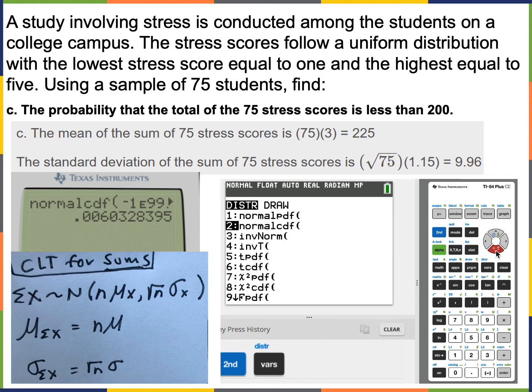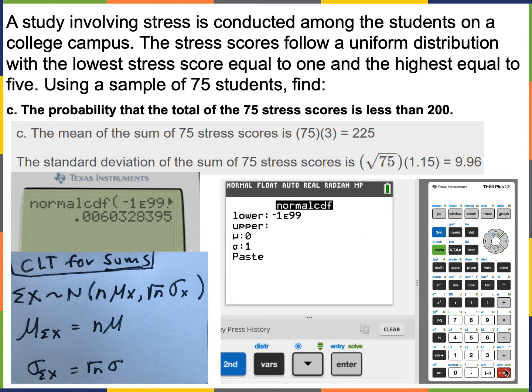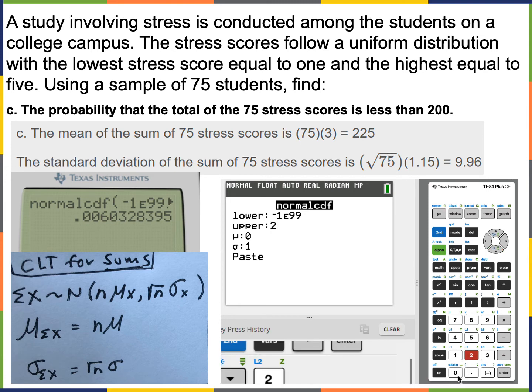because we're trying to find the probability that the total of the stress scores of 75 stress scores is less than 200. So when you want to find this, your lower bound is going to be negative 10 to the 99 power, or negative 1 E 99. It's going to be negative because you're going to the left, and your upper bound will be 200, okay?